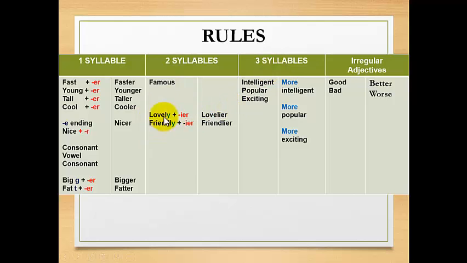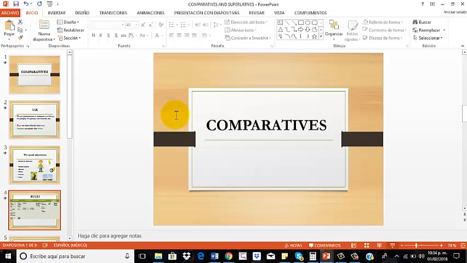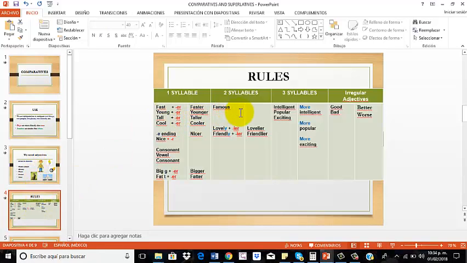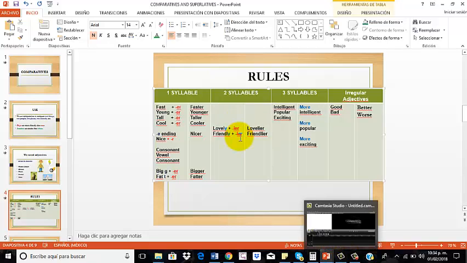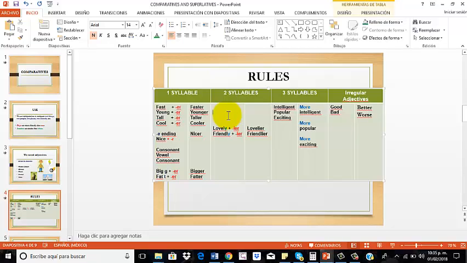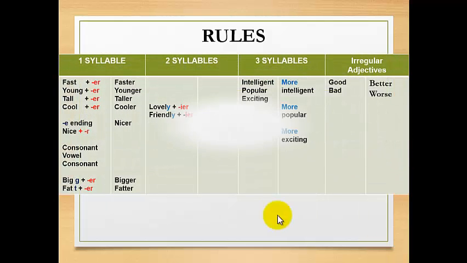We have two-syllable adjectives. For example, lovely and friendly.